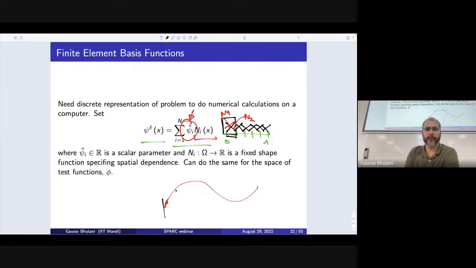So let's say we have our elements like this. Now that we have chosen n's, the basis functions, we can draw these lines, which is a linear representation, by simply changing these psi hats. I change psi hat, I can fit any function. So the problem is slowly boiling down to finding the weights of some chosen shape functions.